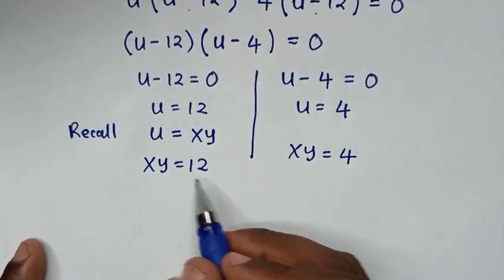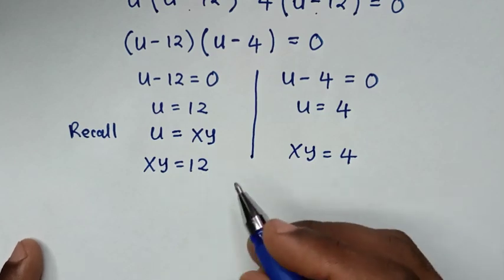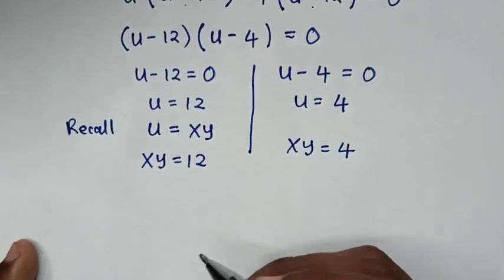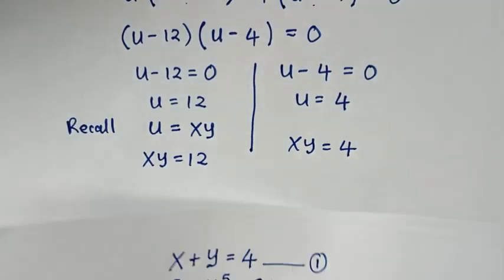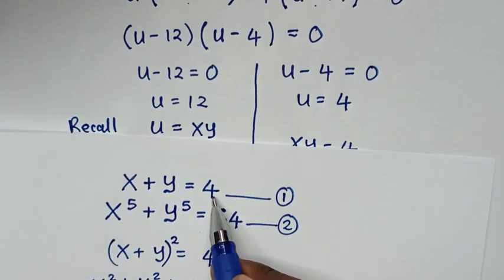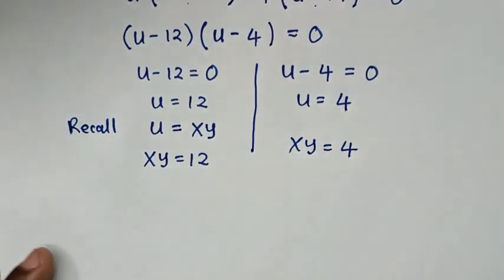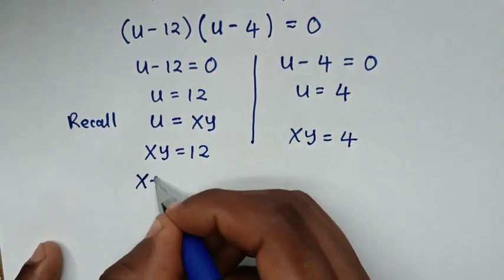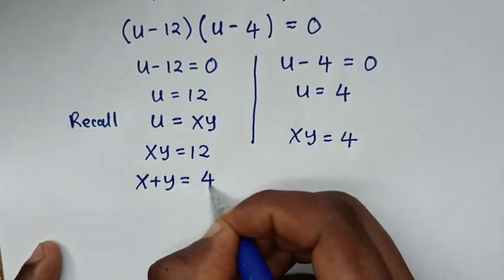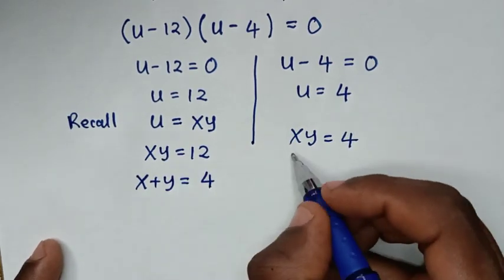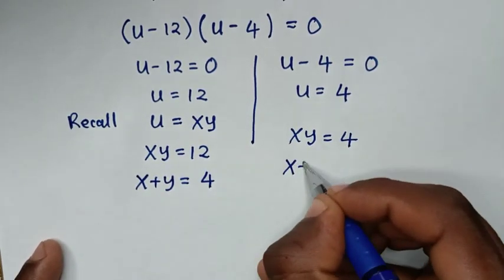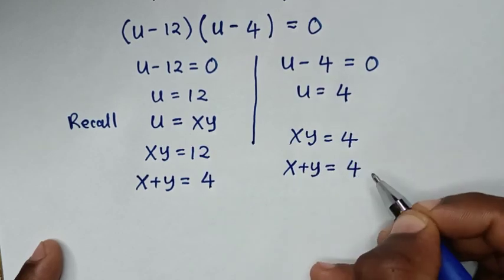Then we'll use this equation. This and this will compare with the first equation, where the first equation was x plus y is equal to 4. So from x plus y is equal to 4, and also in here we'll compare with the first equation, x plus y is equal to 4.